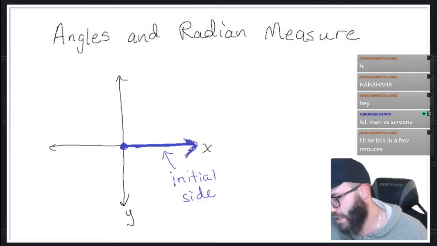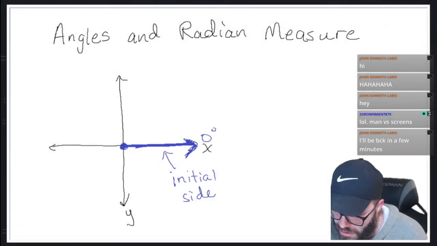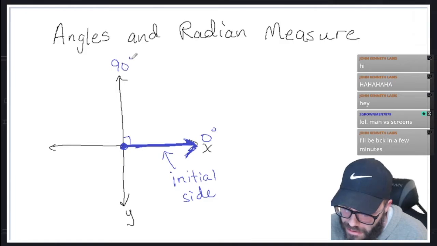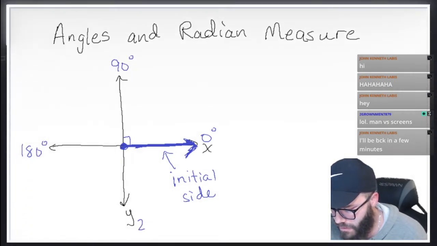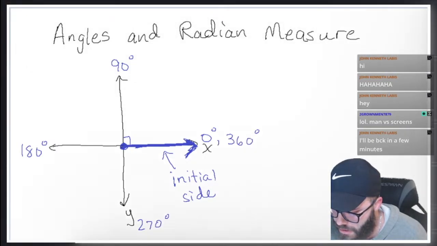So if I say let's have an angle that is 120 degrees, well, I know this is 0 degrees. Axes are perpendicular, so this would be 90 degrees, then 180 degrees, 270 degrees, and in full rotation, 360 degrees.